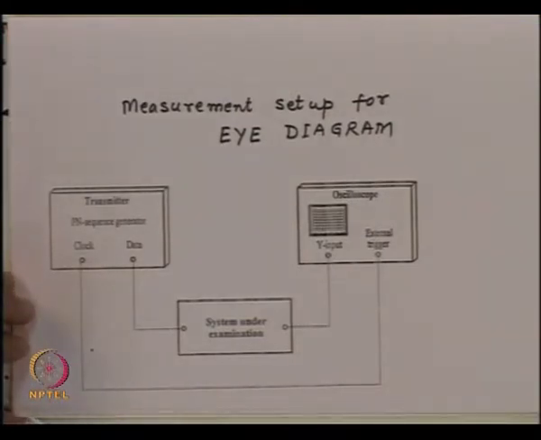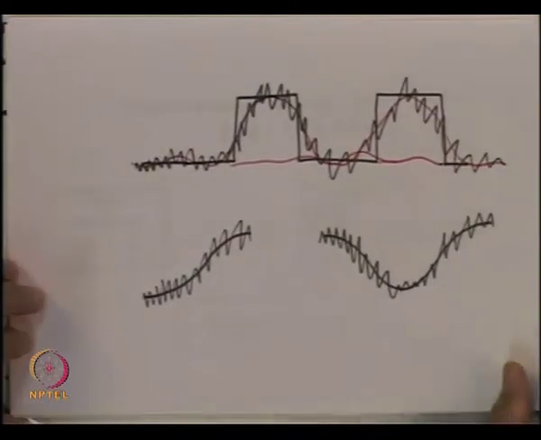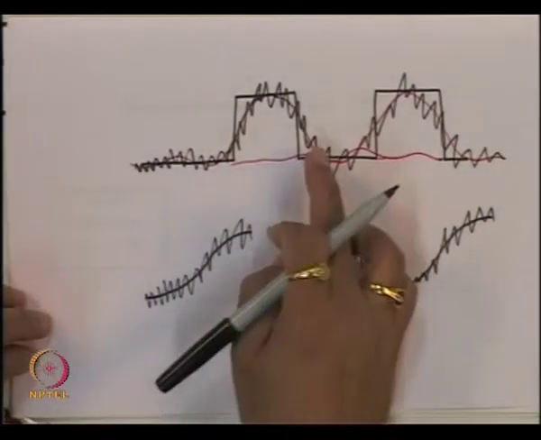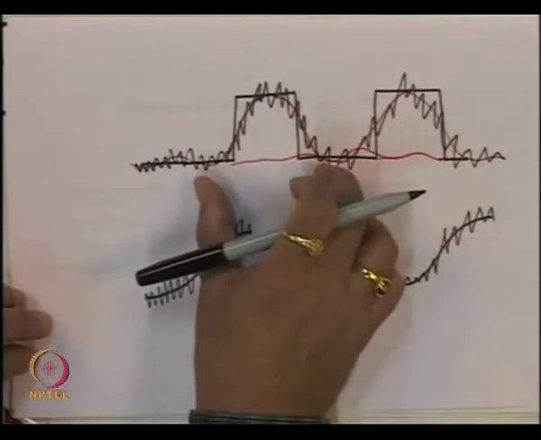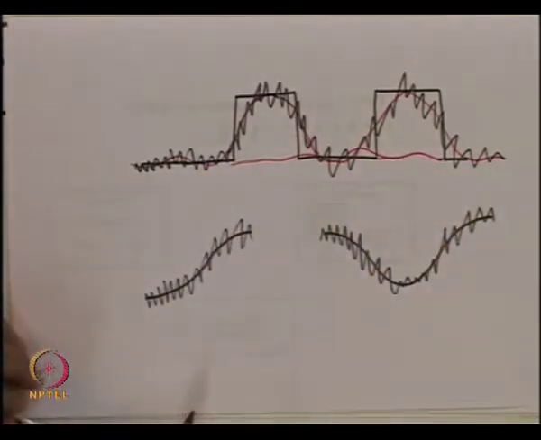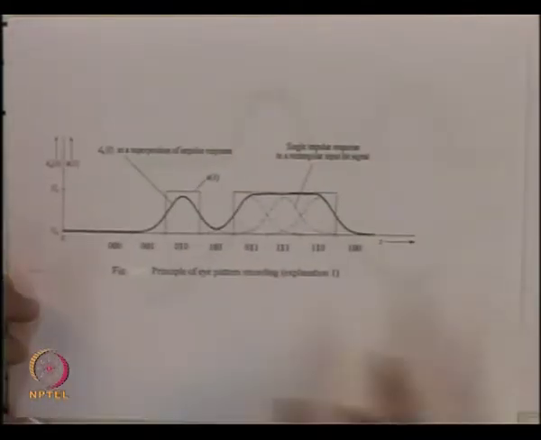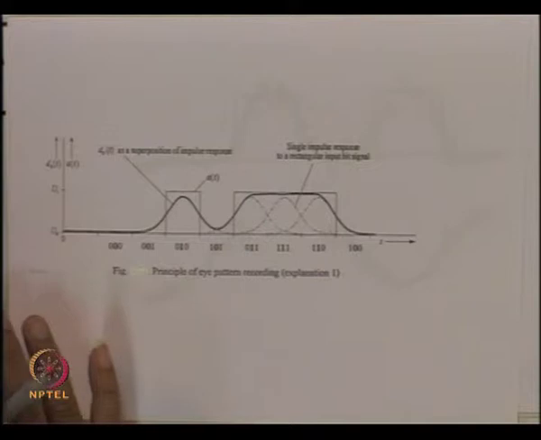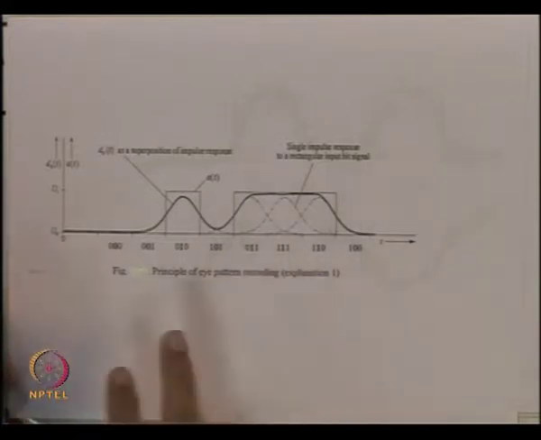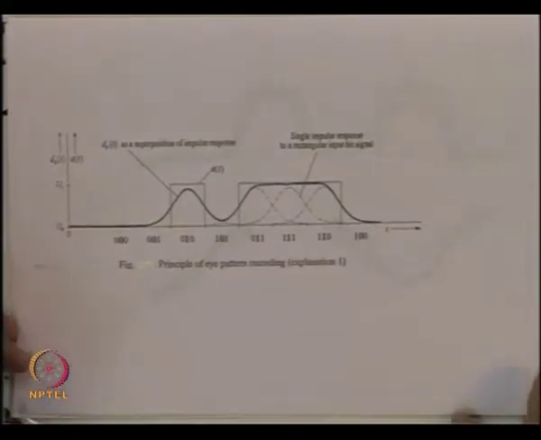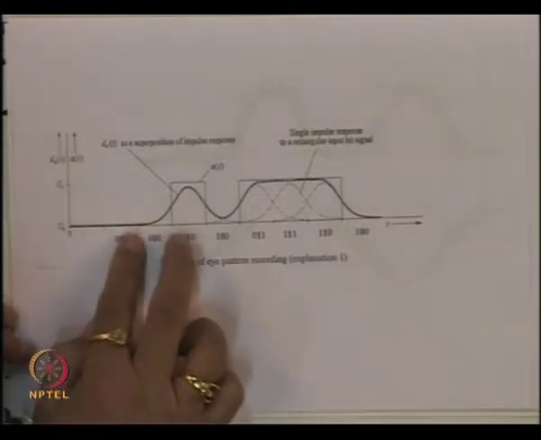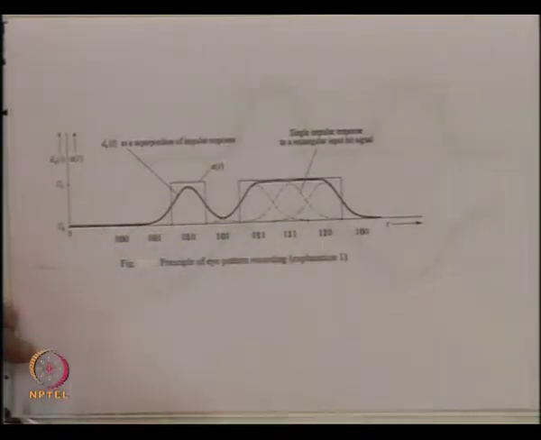As a result, what will happen now is that we get the folding of this data over 1 bit period or let us say 3 bit periods. As the data stream is coming, we have this pattern. If the data is synchronized with the clock, we essentially see a superposition of all these blocks, this block, this block, this block, and so on.